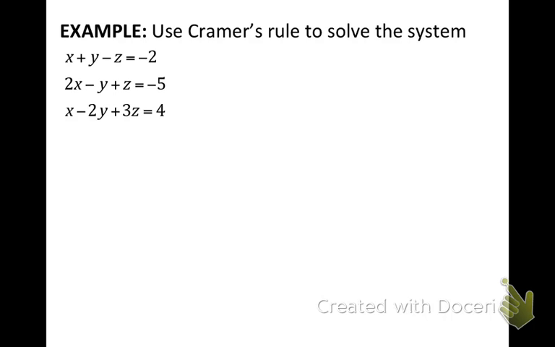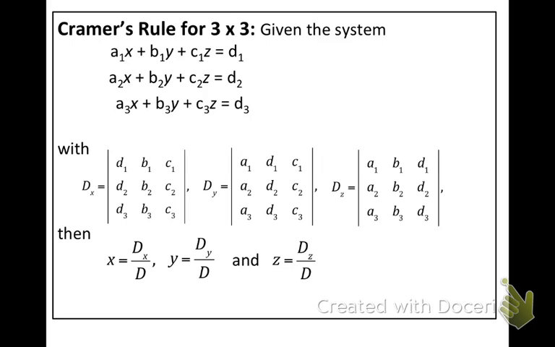So x plus y minus z is equal to negative 2. 2x minus y plus z equals negative 5. x minus 2y plus 3z is equal to 4. All right, I'm going to do this on both so Andrew can watch.